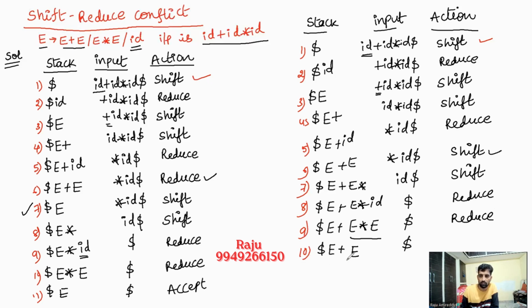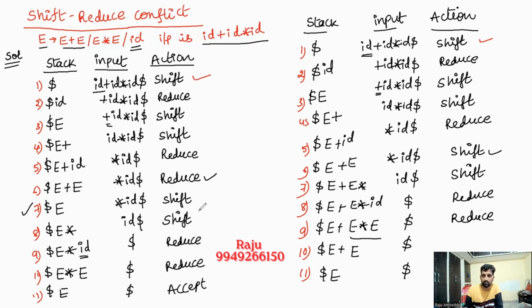Okay. Now you see in the final step, 11th line, this E plus E is converted as capital E. Dollar. So remember, one of the important things we can observe is that this E plus E is converted here as capital E. This is also a reduce move.